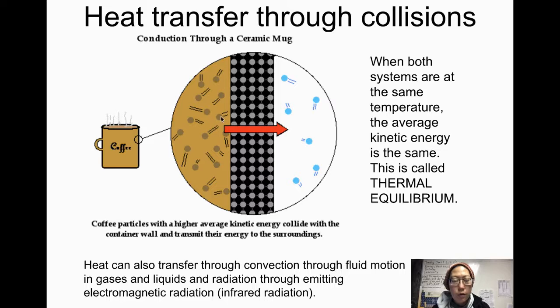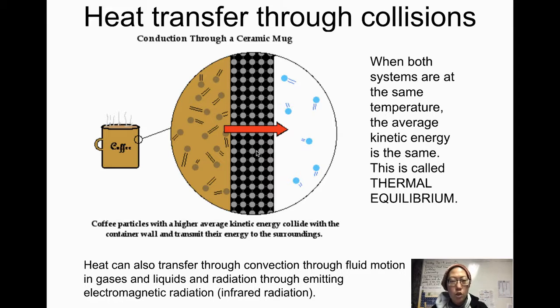Here's another example of conduction through a mug. So if this is the coffee and this is the walls of the mug and here is the surrounding air, we can see collisions with the solid in the mug causing changes in the vibrations of these atoms, or increasing them, right?